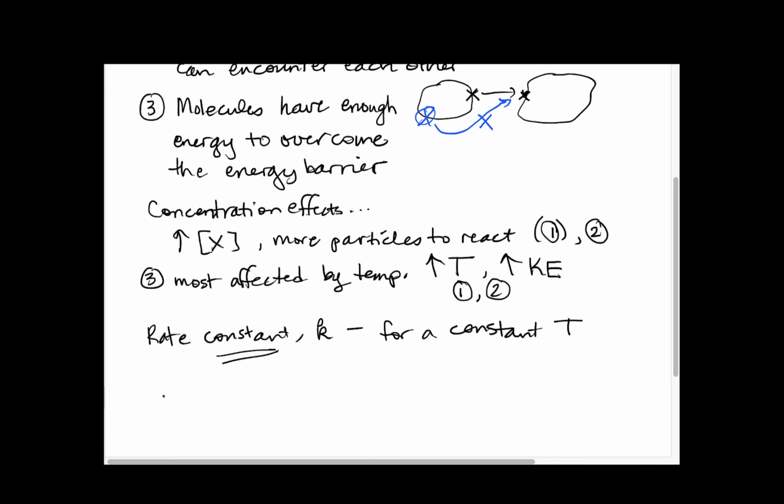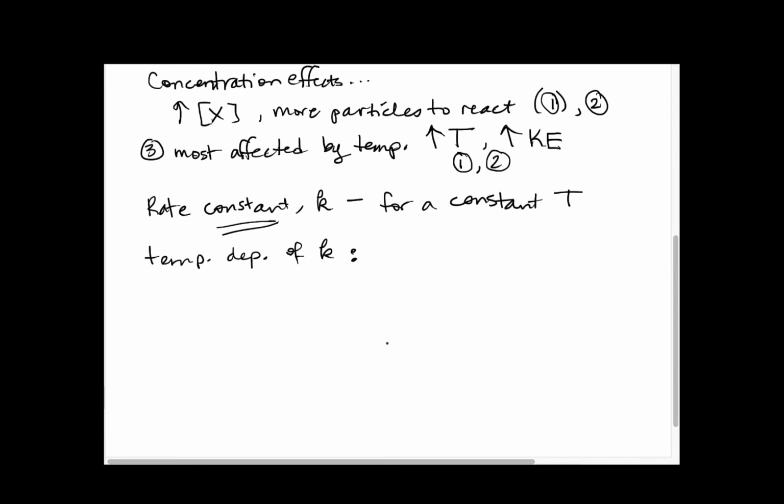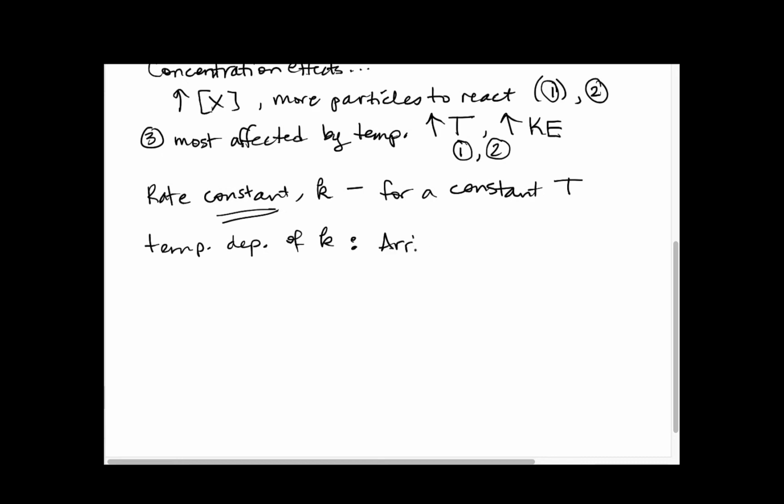And we can describe the temperature dependence of the k using the Arrhenius equation. The Arrhenius equation is k equals prefactor capital A, which we'll explain in a minute, times the exponential function of minus E sub A over RT. So all the details here.